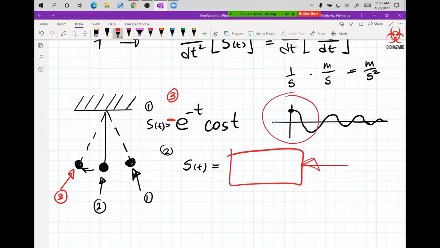Look at also the picture. This is where equilibrium is. This is where that negative thingy is. This is where the positive thingy is for equation number 1. What goes in the box?